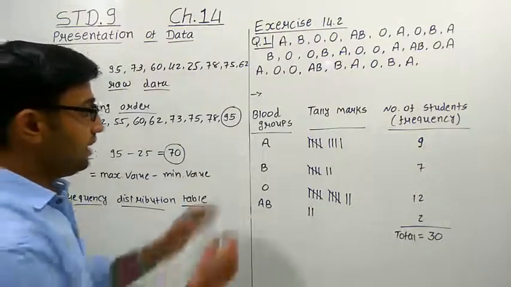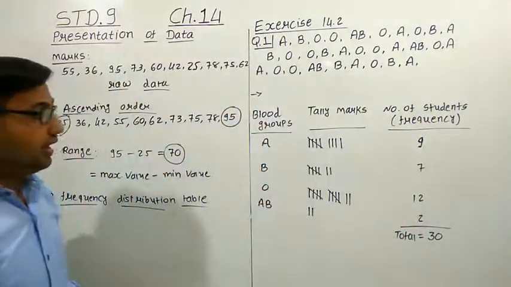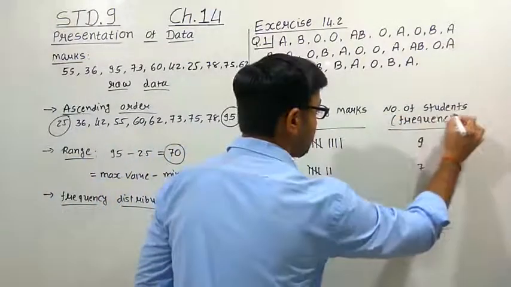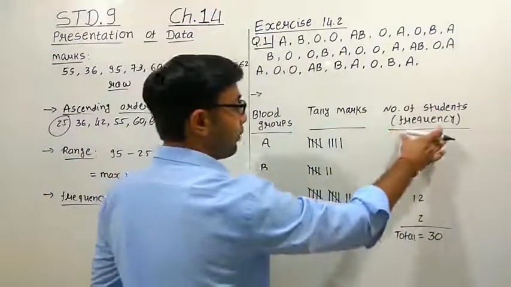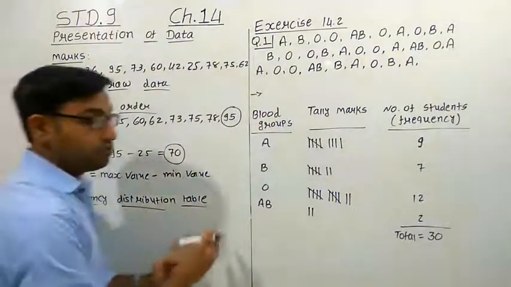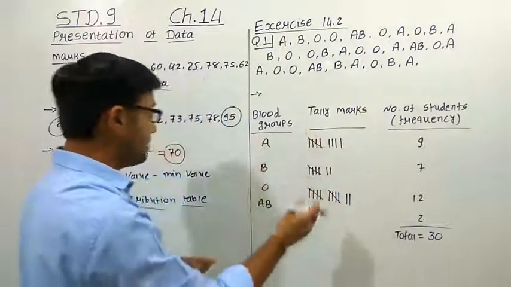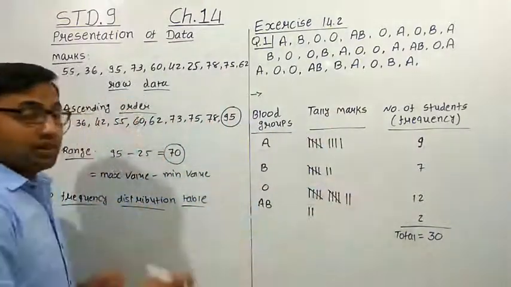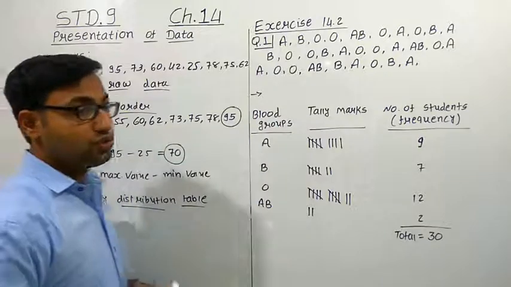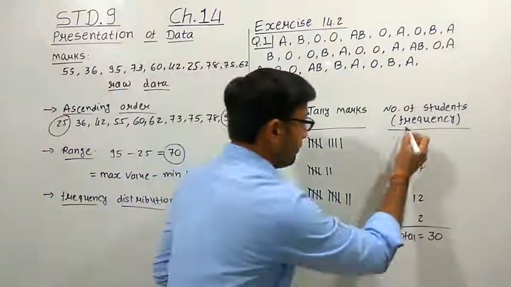Otherwise you have to check one more time whether you have counted the tally marks correctly. So this is how we arrange this raw data into the form of a table, and this is the number of students. We can also call them the frequency, and that is why this table is called the frequency distribution table. We arrange this data according to the frequency. We distribute the data, right? And what is the meaning of frequency?